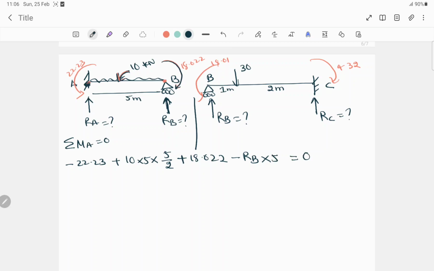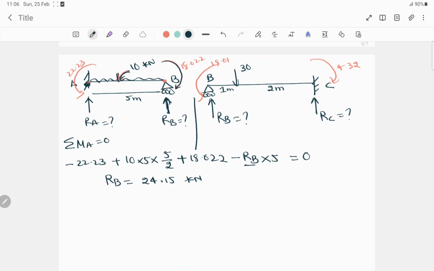So from here we can get the value for RB. So here RB is equal to 24.15 kilonewton.